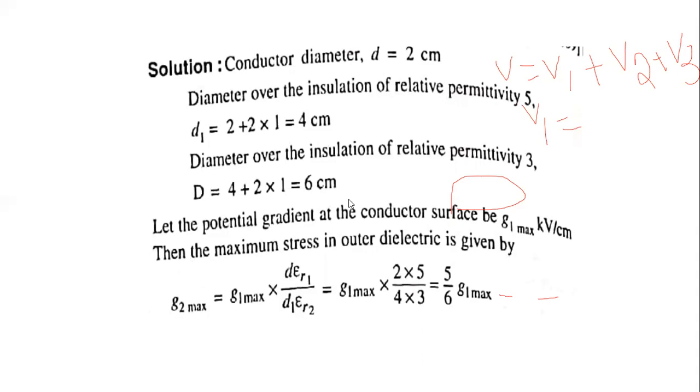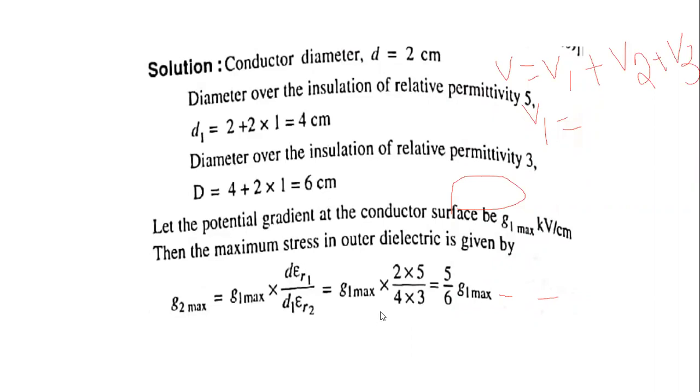Let the potential gradient at the conductor surface, that is G1 max, be considered. Then we obtain the G2 max from that relation. Therefore G2 max is equal to G1 max into D epsilon R1 by D1 epsilon R2.